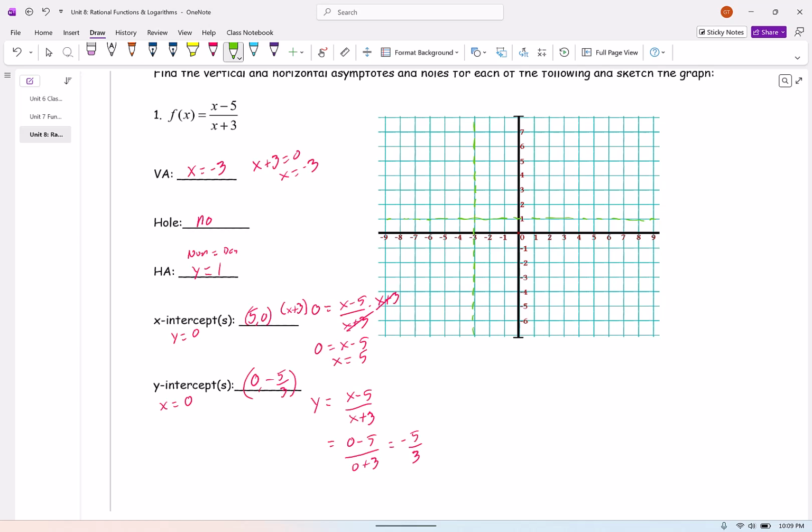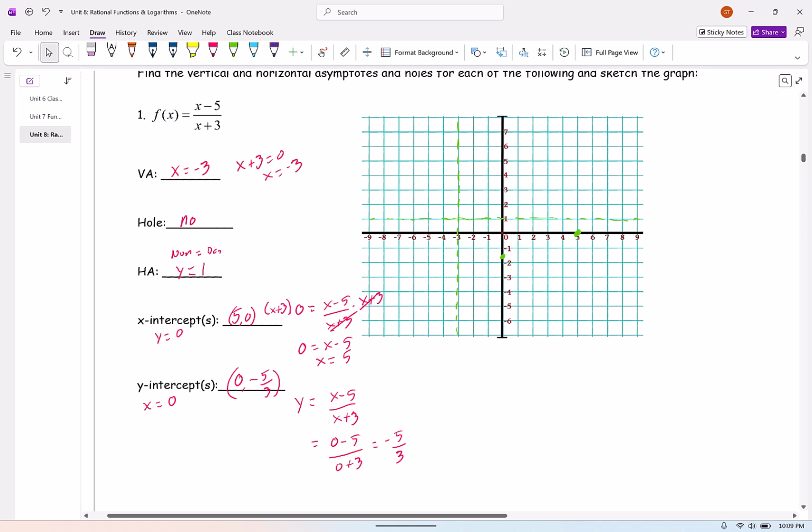My x-intercept is going to be at 5, 0, so I know that's going to be a point right there. And then my y-intercept is going to be at 0, negative 5 thirds, which is somewhere right about there.